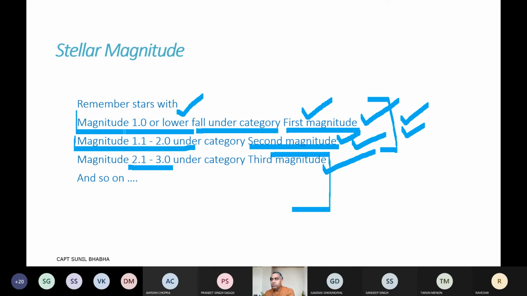In these questions also, they will tell us to find out the stars fulfilling a certain criteria, and they will tell us that we need to find out the first magnitude stars falling in this particular criteria. So then we will check their magnitudes, and we know 1.0 or lower, any magnitude of the star will be fitting our answer. So this is the concept of stellar magnitude.